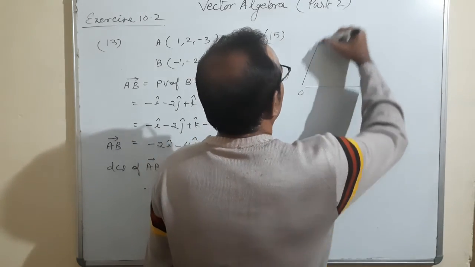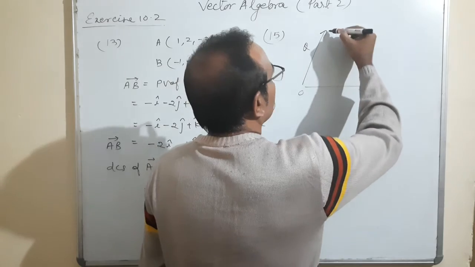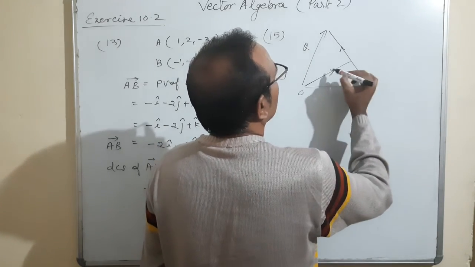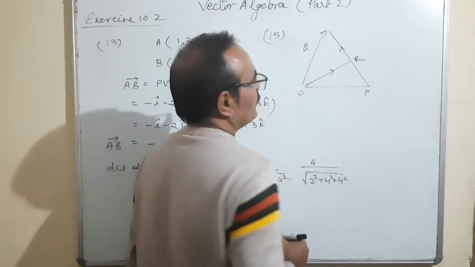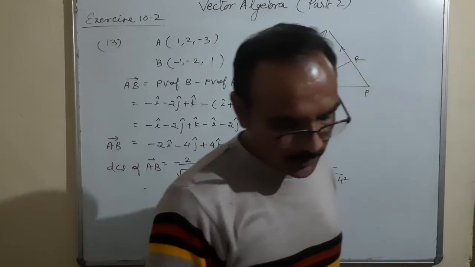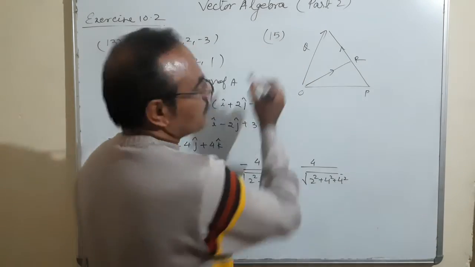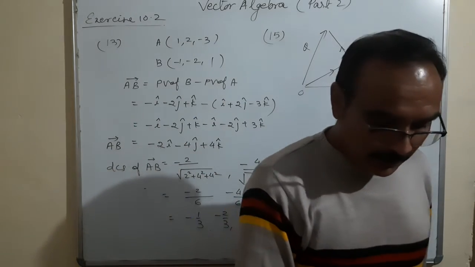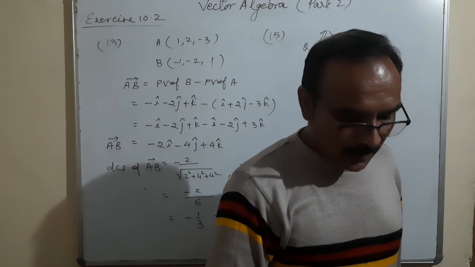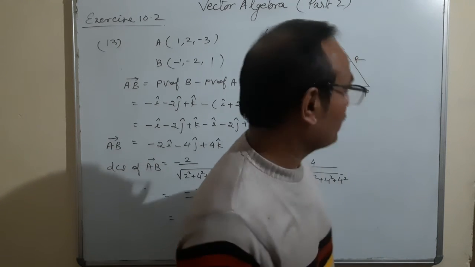P, Q, it is R. We are solving question number 15. R divides the line joining P and Q, whose position vectors are i plus 2j minus k.